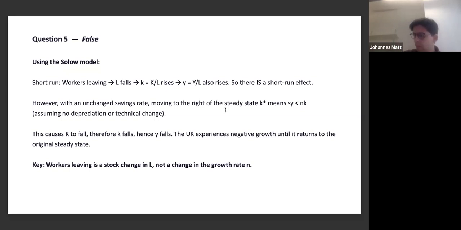So what determines long run output? Well, as in the short run, it is the capital stock of that economy relative to the number of workers. However, there are two main forces here that drive the capital stock in opposite direction.